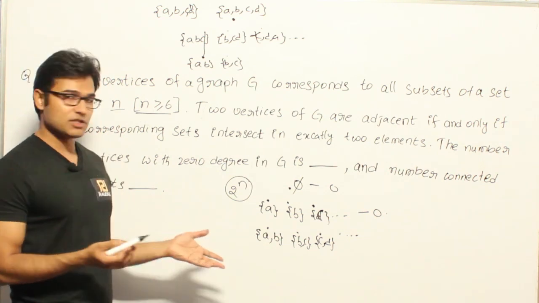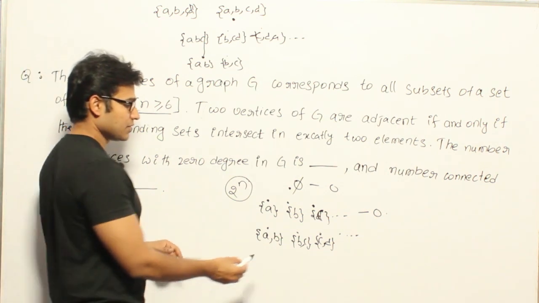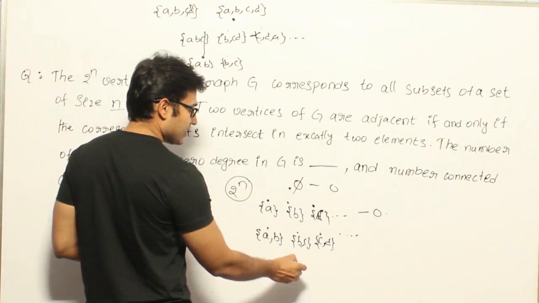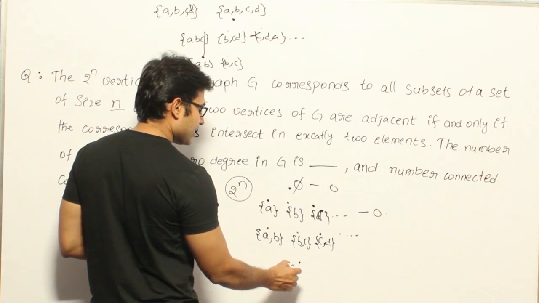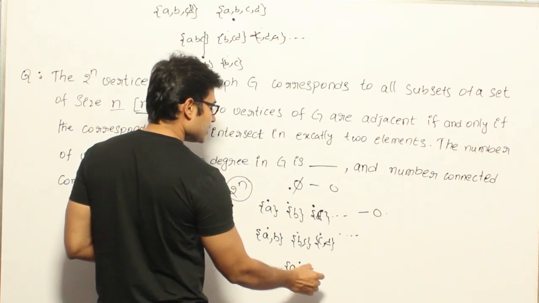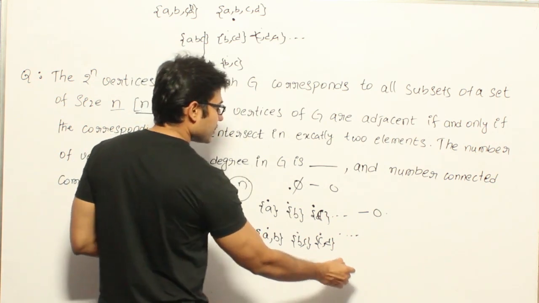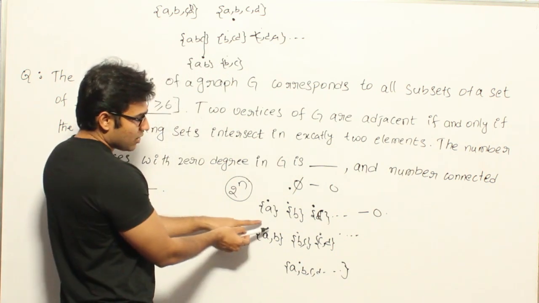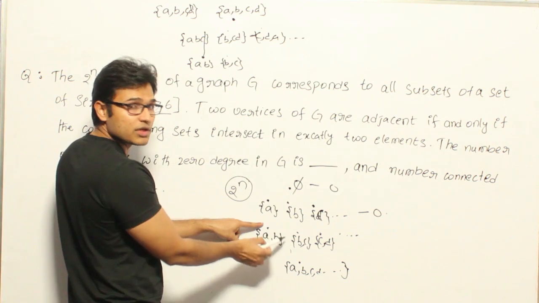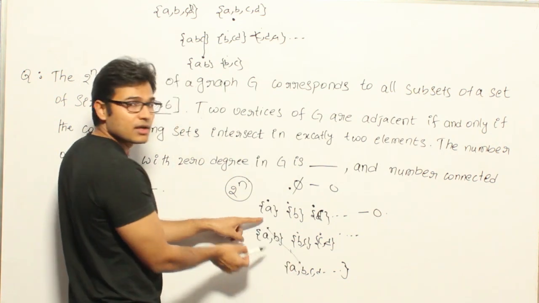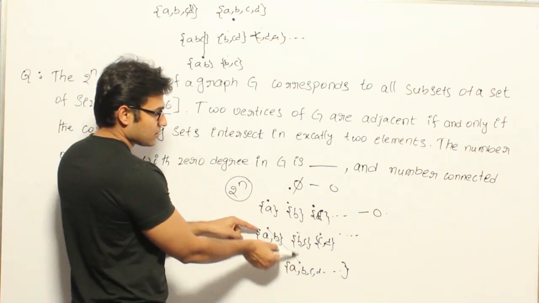The simplest one you can assume is the vertex containing all the n elements, A, B, C, D and so on. If you take the intersection between this one and a 2-element set, the intersection is 2, therefore they are adjacent.